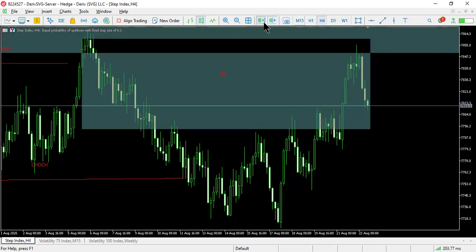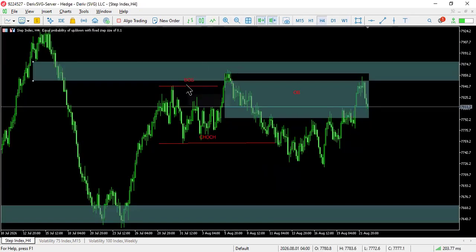Heading over to the 4 hours time frame. From the 4 hours, our break of structure will be at that level. And then the change of character, that level.